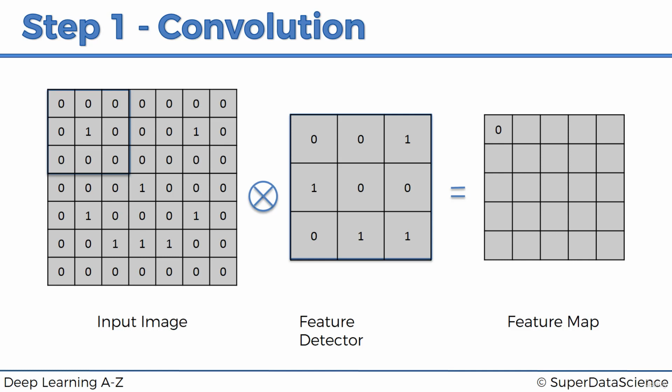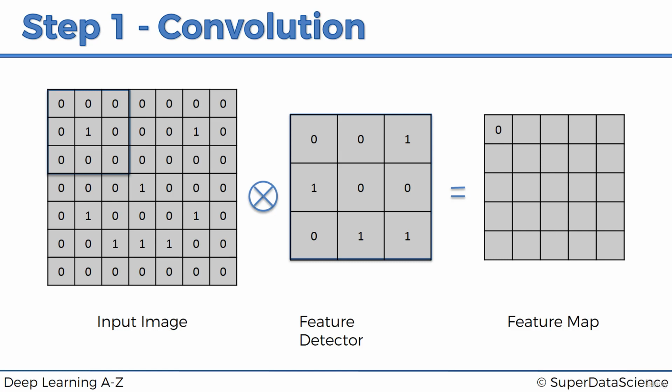So you cover, in this case, the 9 pixels in the top left corner, and you multiply each value by the respective value: the top left value by the top left value, then position 0,1 by 0,1, 0,2 by 0,2, and so on. It's element-wise multiplication of these matrices, and then you add up the results.